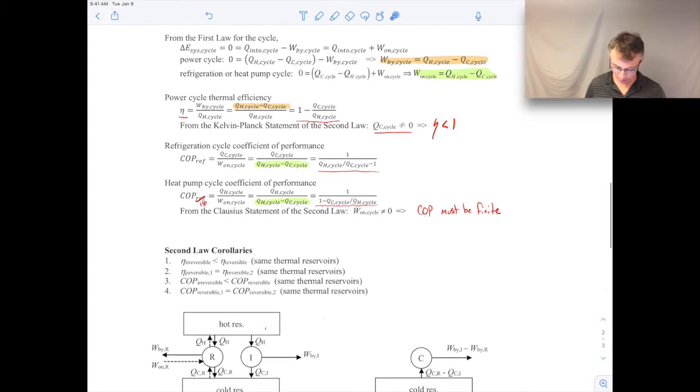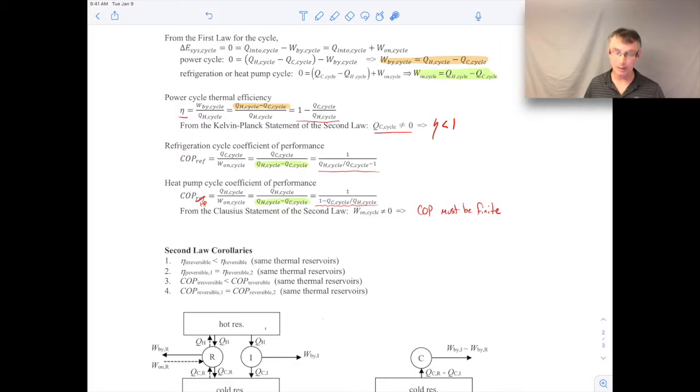Another important corollary is that any two reversible power cycles, or any two reversible refrigeration or heat pump cycles, will have the same thermal efficiency or the same coefficients of performance. So it doesn't matter what the reversible system looks like, as long as it's reversible, it'll have the same thermal efficiency and the same coefficients of performance.